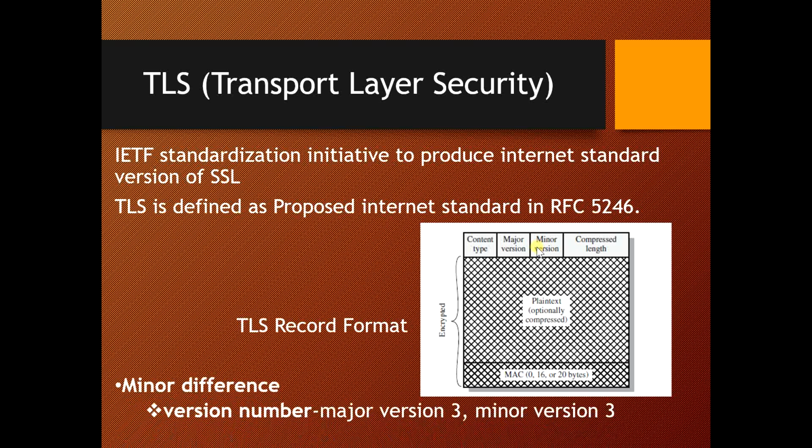In the TLS the major version is 3, whereas the minor version is also 3. In the SSL the major version was 3 and the minor version was 0, but here the major and minor version both have a value 3.